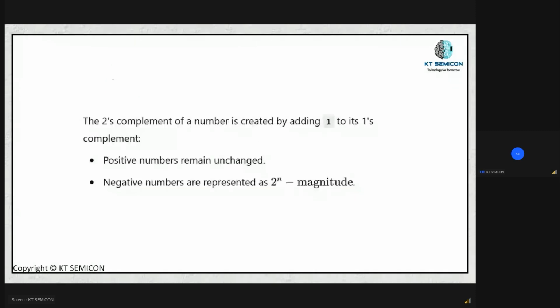Now, next coming to two's complement form of representation. In the two's complement form of representation, a number is basically created by adding one to one's complement. If I want to represent any positive number, then I'm going to represent it in its original format. And if I want to represent any negative number, then I'm going to perform the 2's complement on the original number.